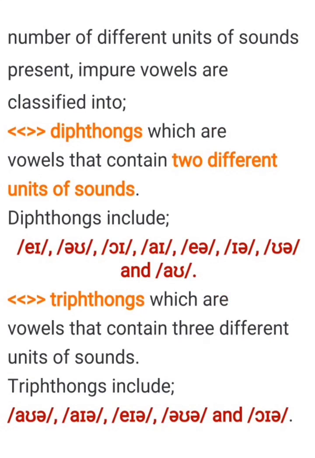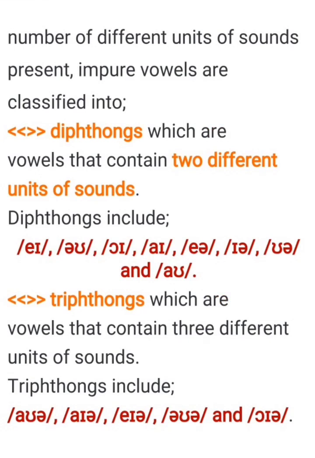Remember, monophthong is just an equivalent alternative name for pure vowels. But diphthongs and triphthongs are not equivalent names of impure vowels, but subtypes of impure vowels. And so, what's the difference between diphthongs and triphthongs?